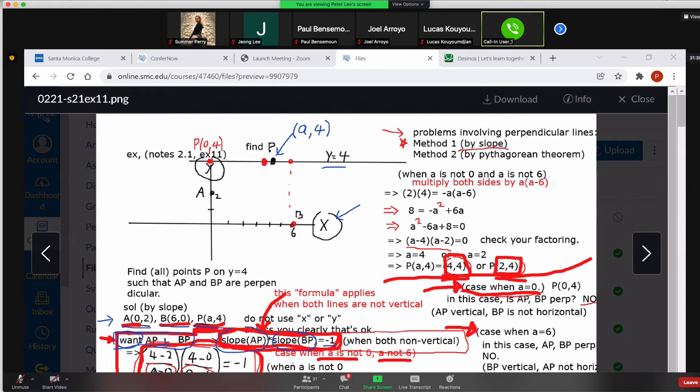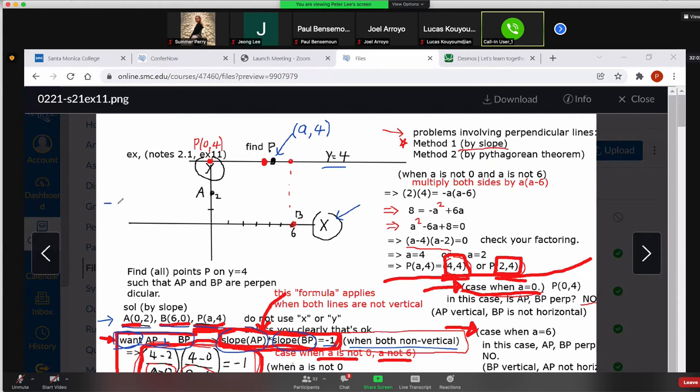Of course, this condition exists when both lines are not vertical. So what happens if they are vertical? Then we cannot apply this theorem, the product of two slopes is -1. This formula applies when both lines are not vertical. If one of them is a vertical line, then we cannot apply this.